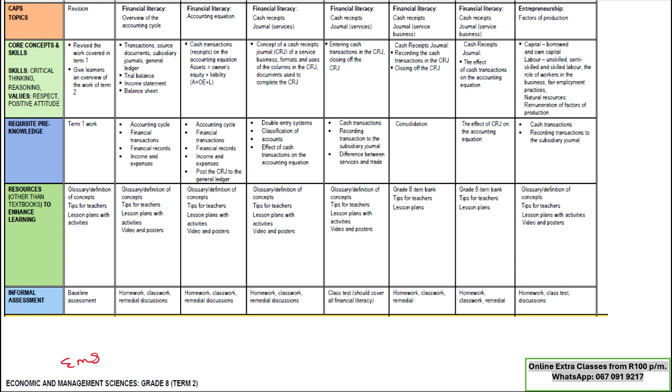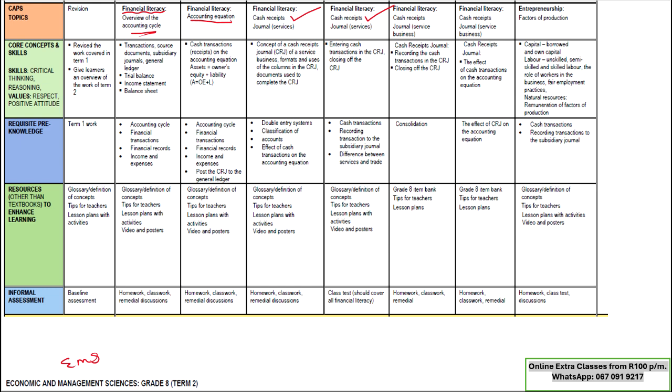In term 2 you can see that we started off with financial literacy, wherein we looked at the overview of the accounting cycle. Once we were done, we moved to the accounting equation, and then to cash receipt journals, and we continued with the cash receipt journal.